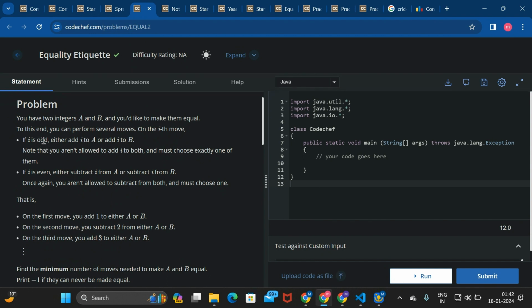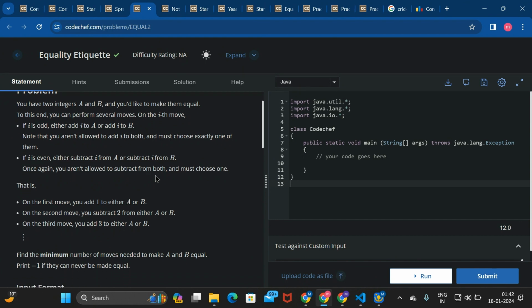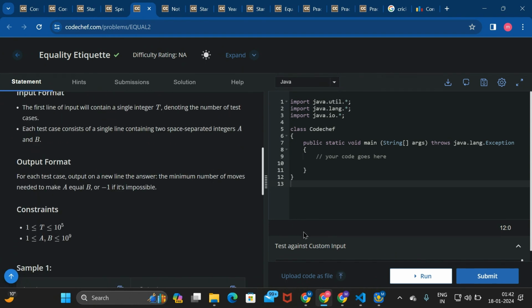Whenever our move is odd, we can add the move number to A or B, and whenever our move is even, we can subtract the move number either from A or from B. Okay, so let's understand this with an example.